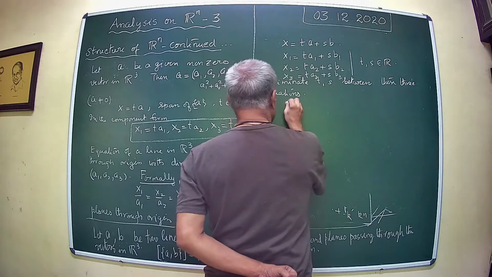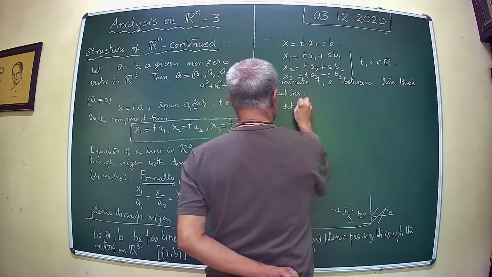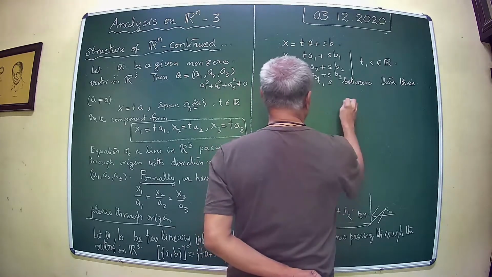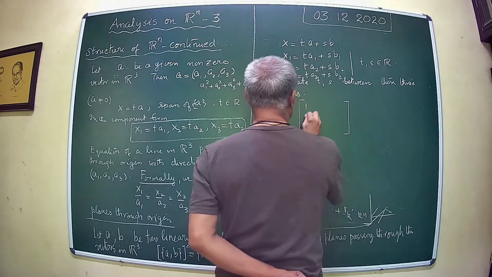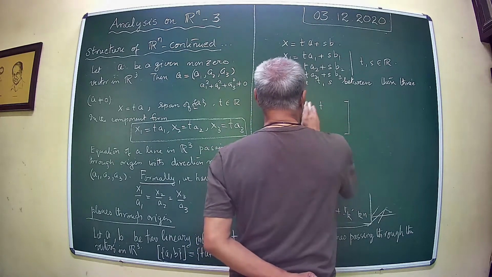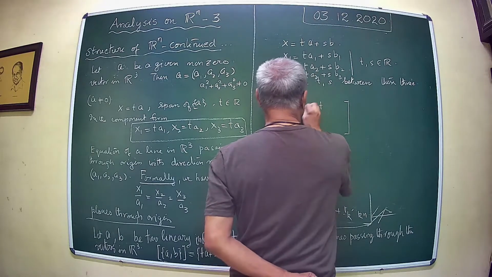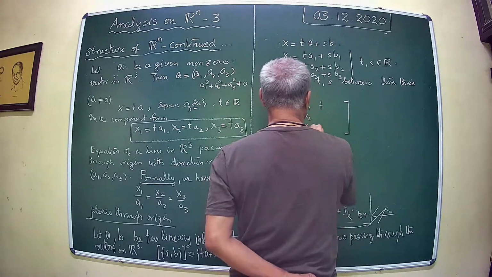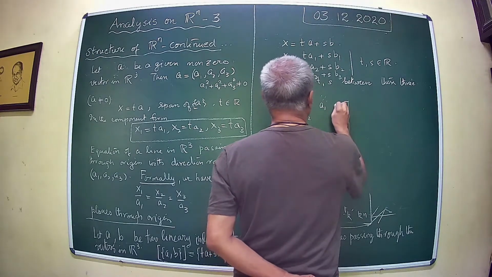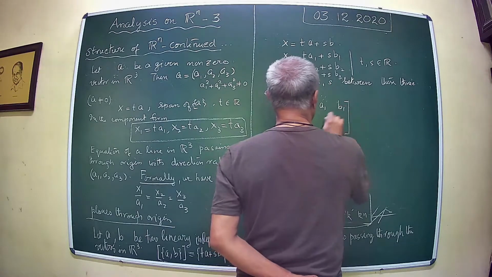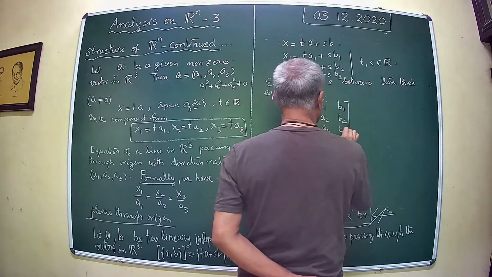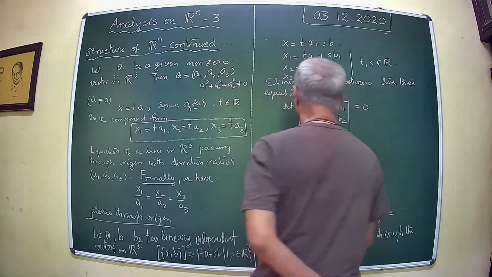You have the determinant of x1, x2, x3 with A1, B1, A2, B2, A3, B3.